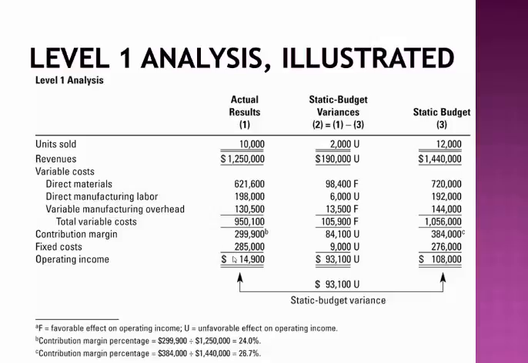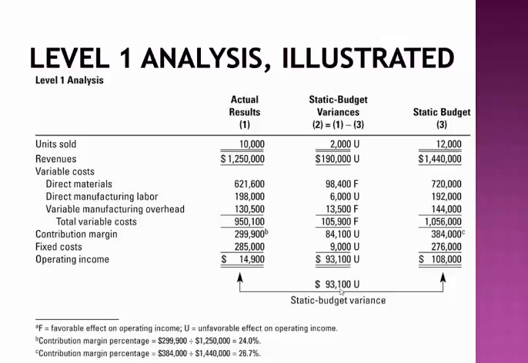We planned to have $108,000 in operating income, but our actual result ended up being $14,900. If we compare those two final numbers, then we are unfavorable $93,100 in our static budget variance.